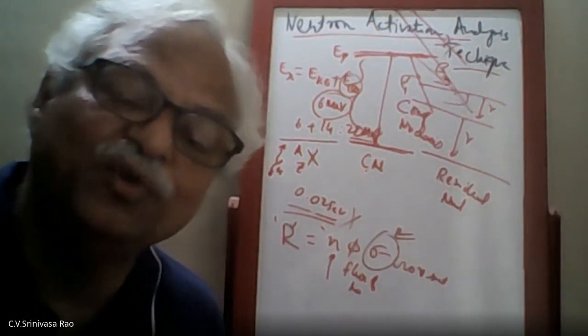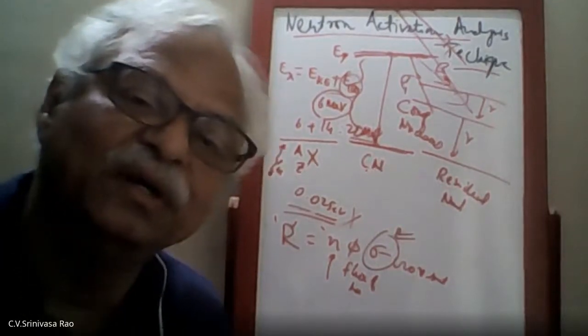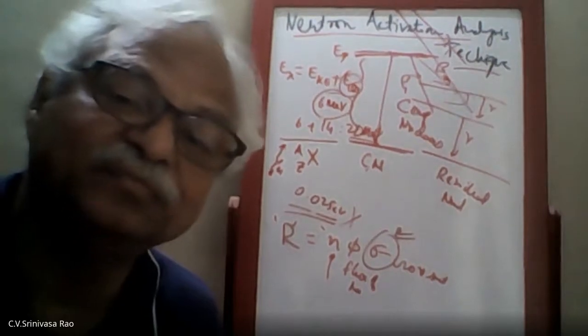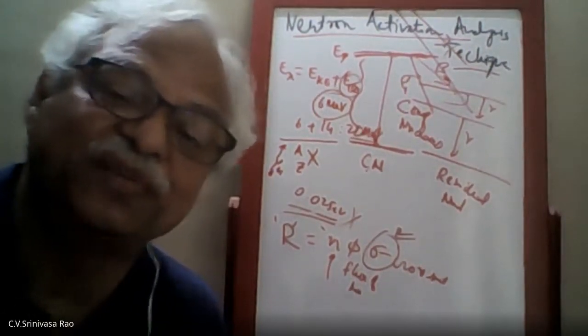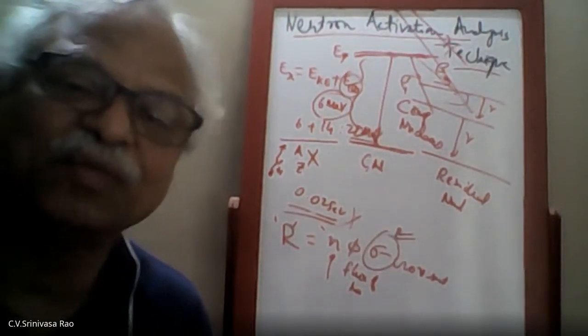You don't have to remove them from the system. While the process is going on, it has a mechanism by which it can recover from the damage that the neutrons have produced. So this field has become very interesting now.